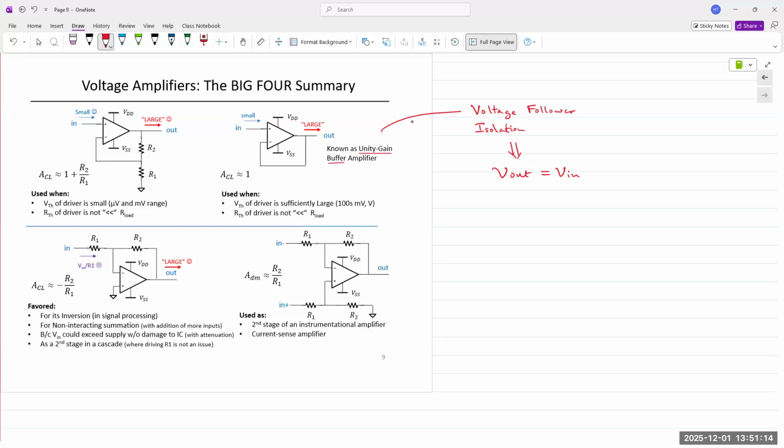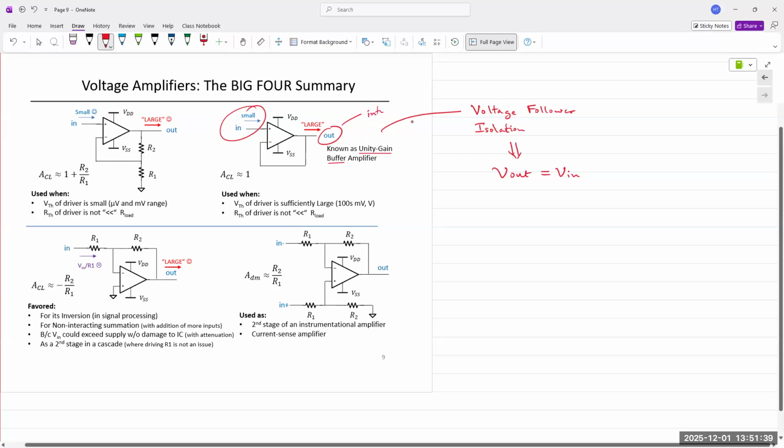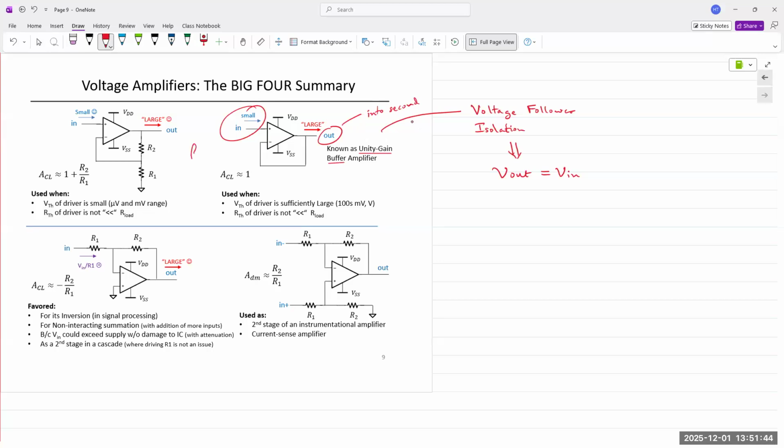So in order not to have that happen, we insert an isolation amplifier created with an op-amp in the middle. The output from the first stage is fed into the input right here, and then the output of this isolation buffer is fed into the follow-on or second circuit.